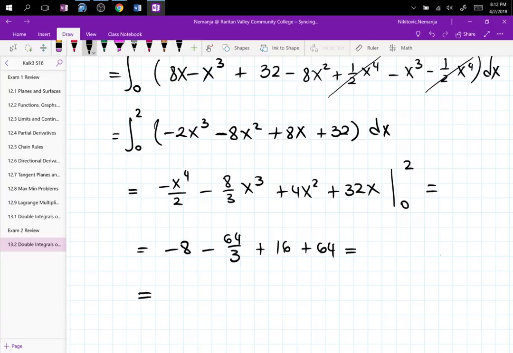So what do I have? 16 minus 8 is 8, plus 64 is 72. Right? And then minus 64 over 3. Common denominator is 3. 216 minus 64.